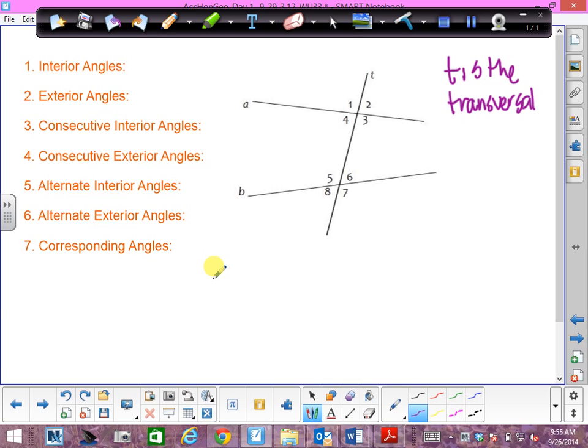So if we look at this picture, the interior is considered to be what's in between A and B. So this is the interior. The exterior is up here and down here. So that's the exterior. So when I'm talking about the interior angles, that's going to include angle 4, angle 5, angle 3, and angle 6.